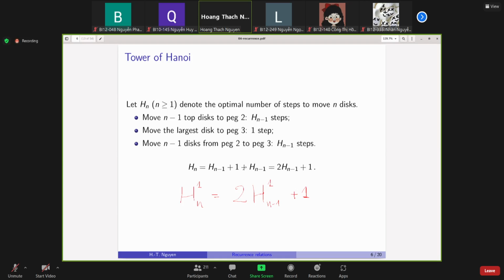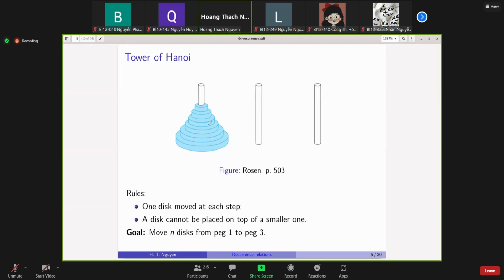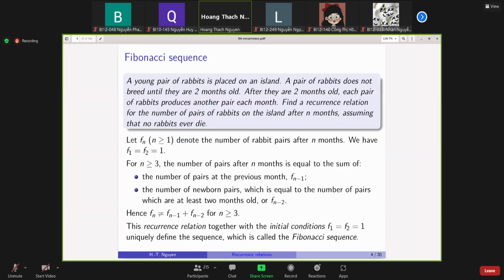Okay, but the difference between the two relations is that in the relation of the Fibonacci sequence, we don't have a free term, so this relation is called homogeneous, in Vietnamese đồng nhất, thuần nhất.